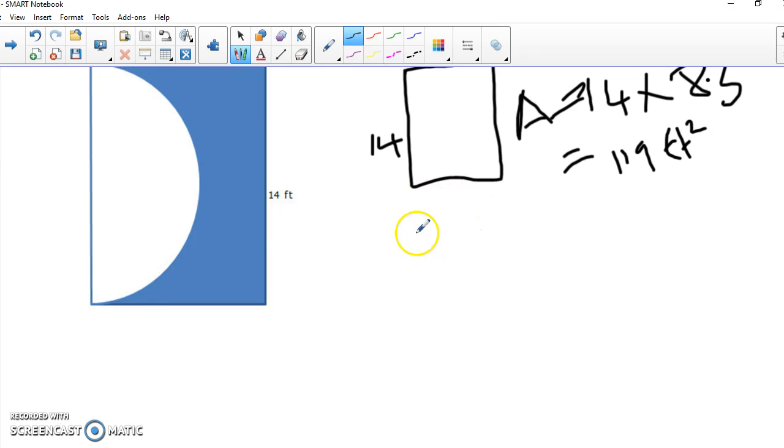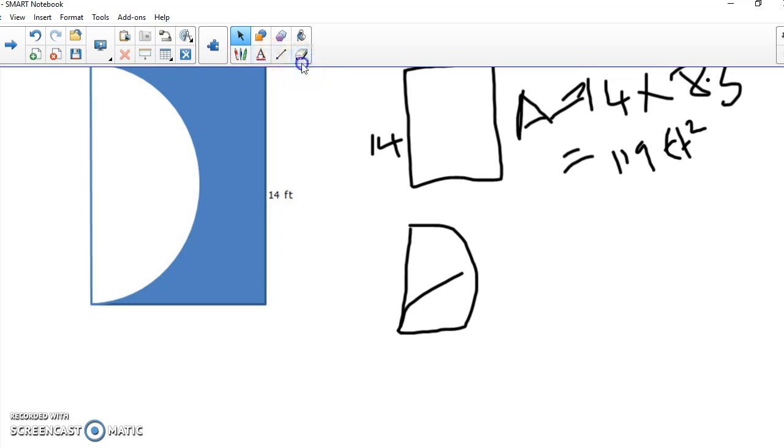Now I'm going to draw the semicircle and I'm going to find the area. This line is not needed there. And this will be the diameter, just like the one we did before.